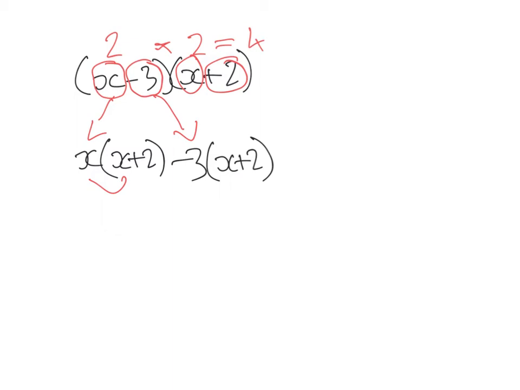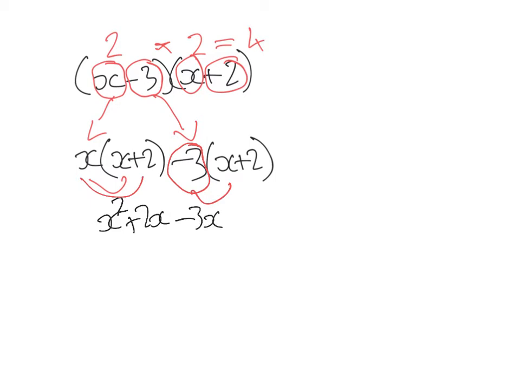Right, so x times x gives us our x squared. Then we have our x times 2 gives us our +2x. Then we have our, now remember, this is -3. So we're multiplying -3 times x. So that gives us -3x.